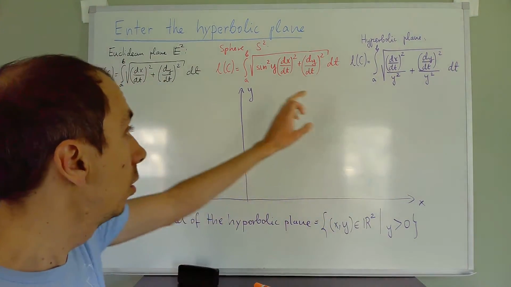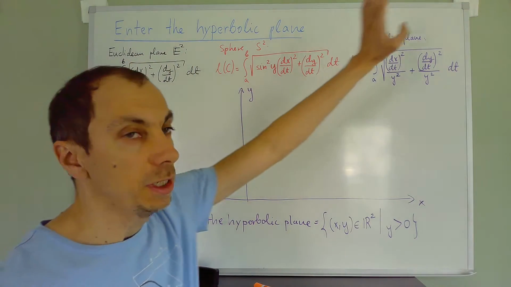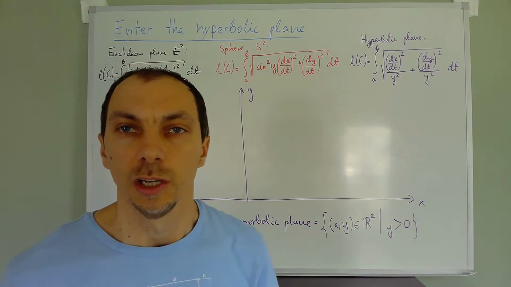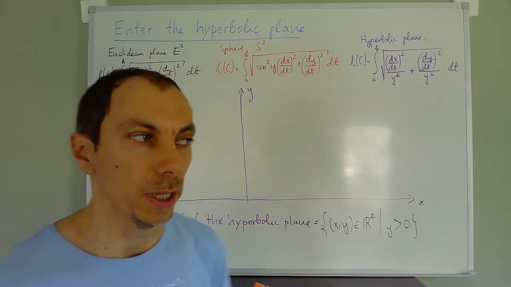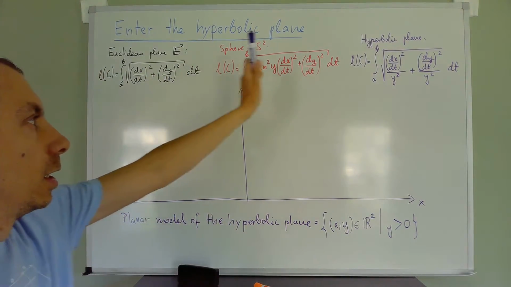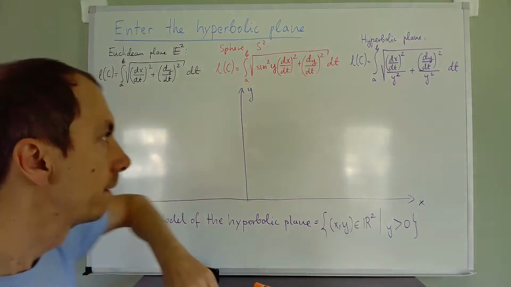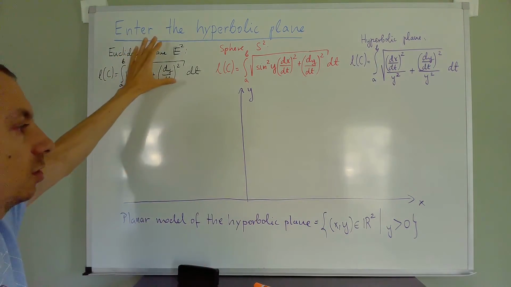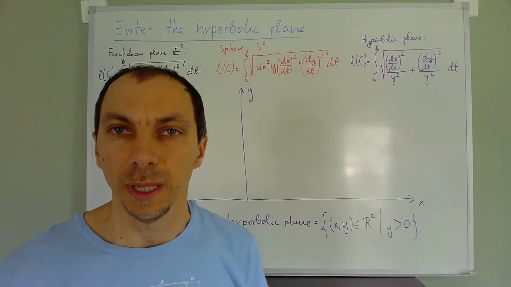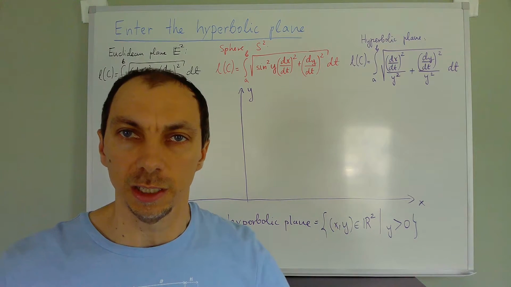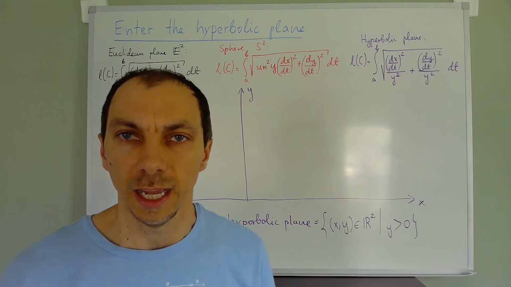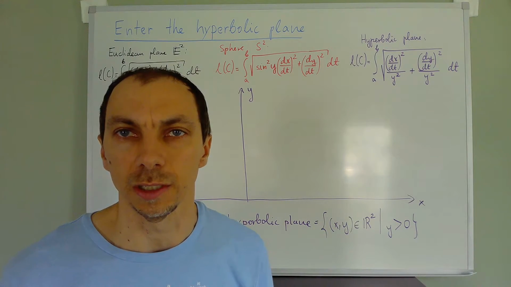Okay, so look, we have now defined three different metrics on the plane or on parts of the plane. This is the Euclidean metric, this is the spherical metric, and this is the hyperbolic metric. The Euclidean one doesn't distort any distances, so the plane is what it is. What we see, the Euclidean plane, is also its planar representation.